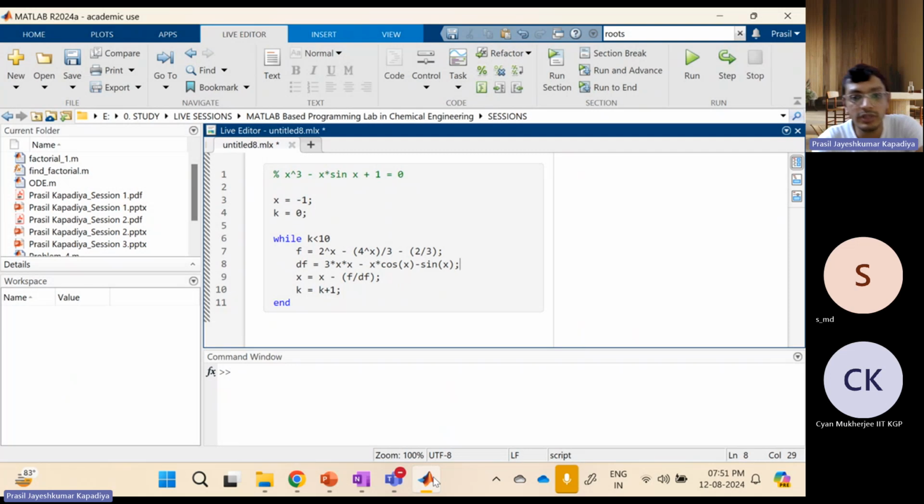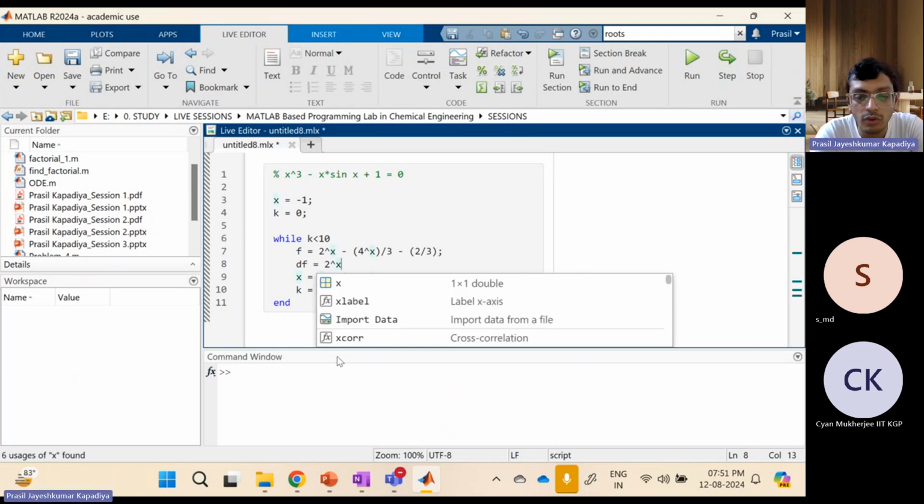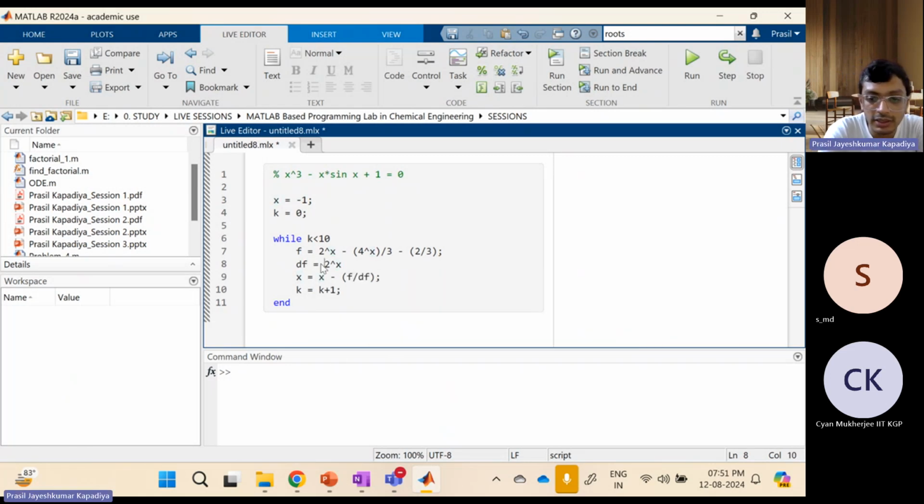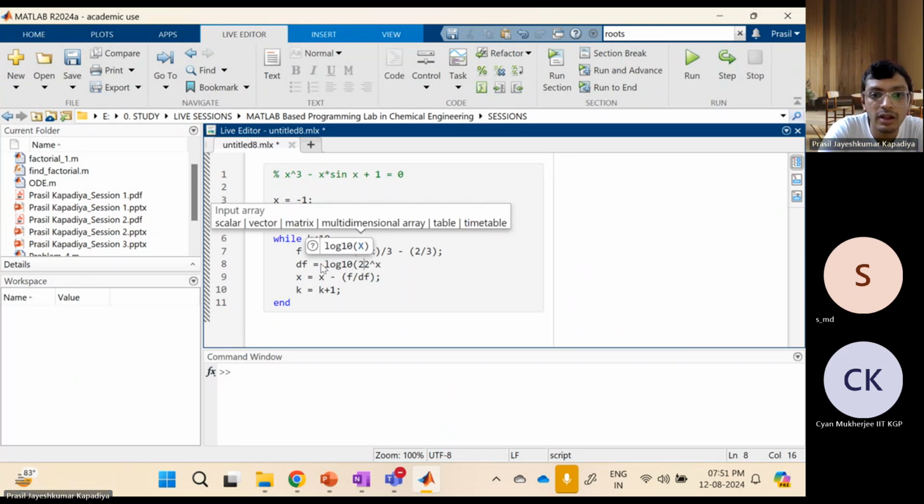And what will be the differential of this? The differential of a raised to x is a raised to x into log a. That is not log base 10, that is natural log, right?